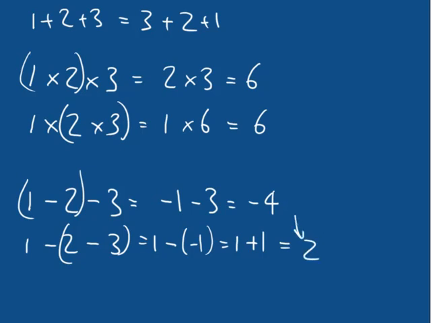And we can see that these obviously are not the same, so subtraction is not associative. The grouping of elements does influence the result that we get. So it's only addition and multiplication that are associative. And that's going to conclude looking at the associative law.